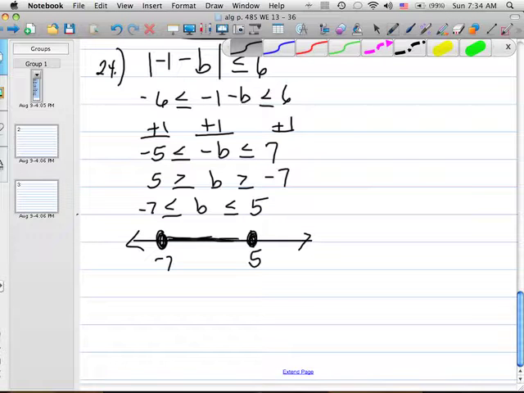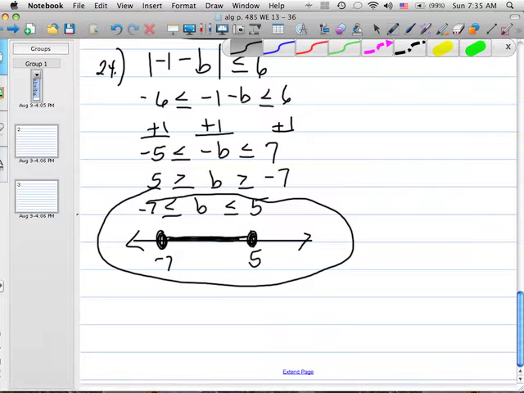And again, I can check to see if I'm correct. I could pick 1. Negative 1 minus 1 is negative 2. The absolute value of negative 2 is 2. That's less than or equal to 6. So this is your Russian elbows.